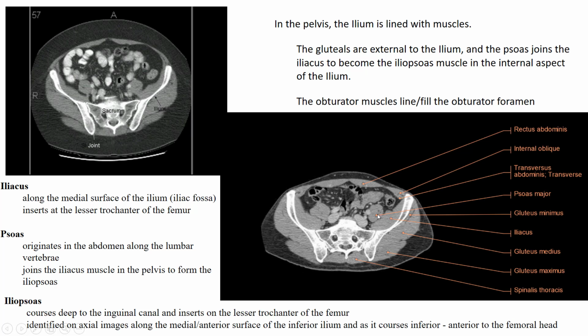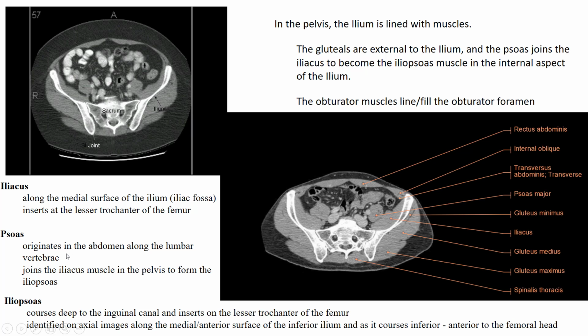So they have not yet joined up to become the iliopsoas. We are not inferior enough, not deep enough into the pelvis yet. We've already gone over the obturator muscles in the lower pelvis, but we will see them again a little bit later in the lecture. The iliacus runs along the medial surface of the ilium and inserts on the lesser trochanter. We saw that in the previous slide.